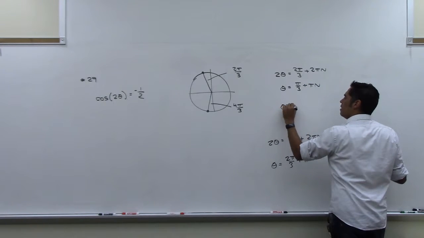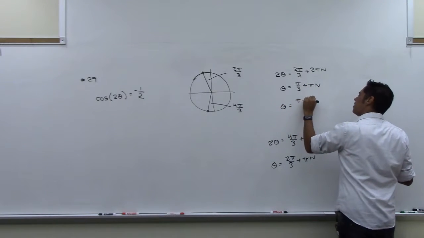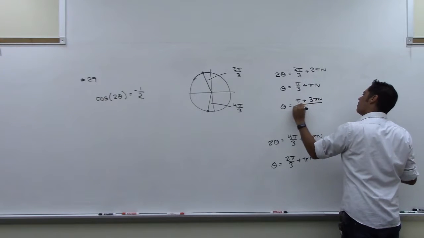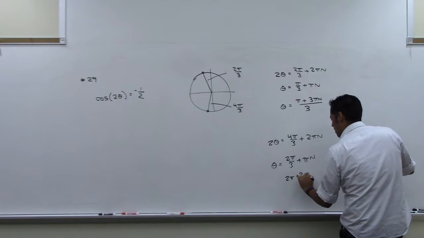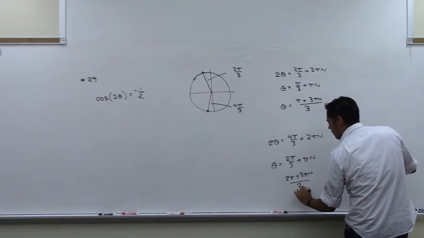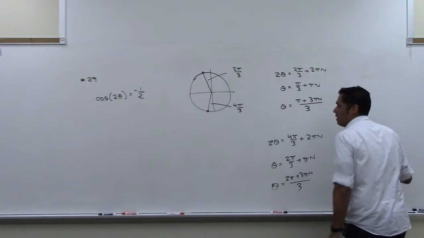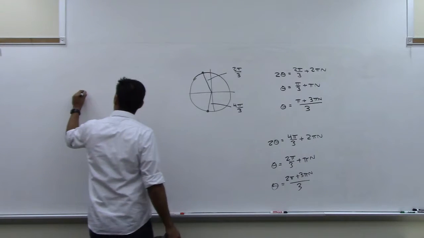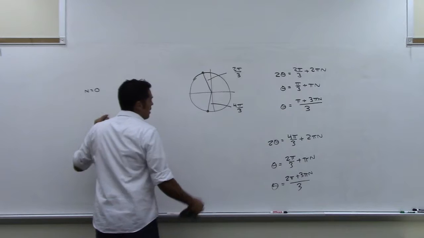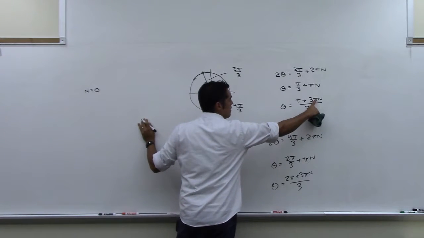So we get theta is pi plus 3 pi n over 3. Here I'm going to have 2 pi plus 3 pi n over 3. Okay, now let's go ahead and start plugging in values of n. If n is 0, I get just pi over 3.